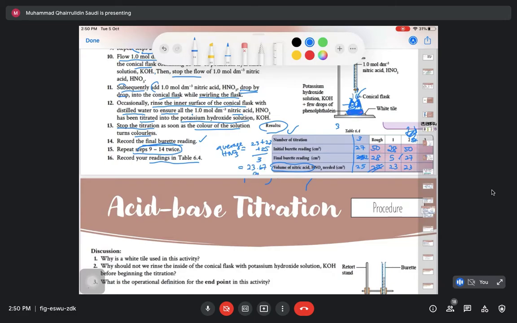This is our average. Okay? So itulah volume. So from this volume, we will have to calculate to find concentration. And this we will do in our next class. Okay? But until here, you should know how to do the experiment.